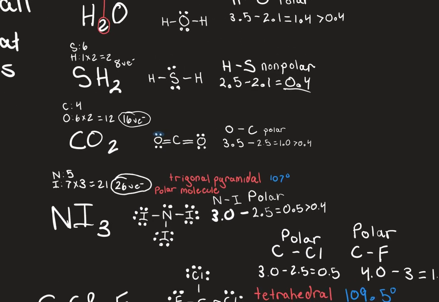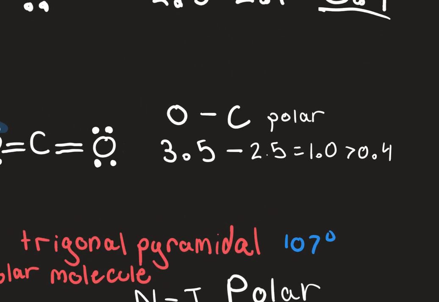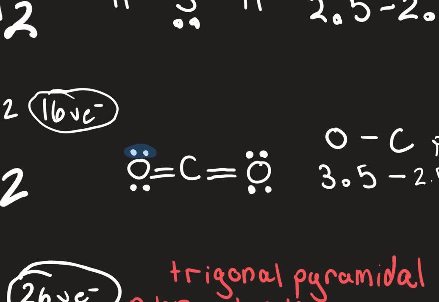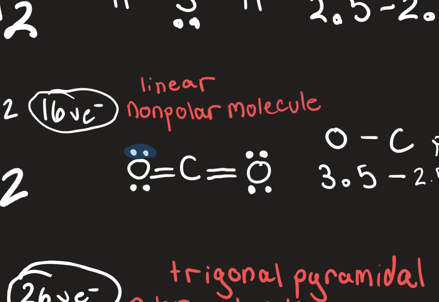All right. Next, we have CO2. CO2 has 2 atoms bonded to the center atom. No lone pairs, so this is going to be linear. We have polar bonds, but again, we don't have a lone pair on the center atom. And linear is one of our nonpolar molecules, so this will be nonpolar. And linear is a good way to show this.